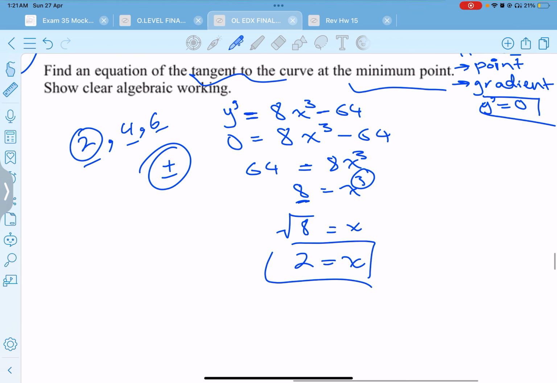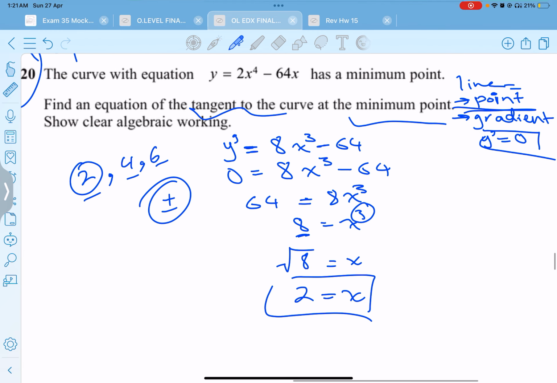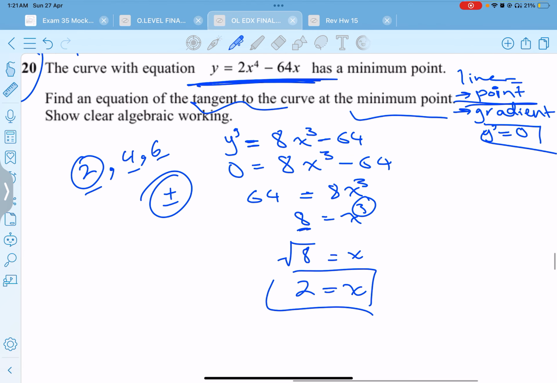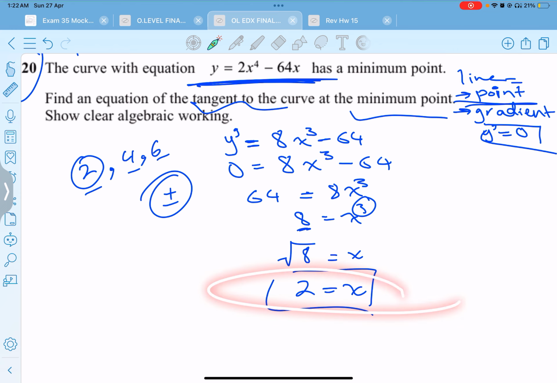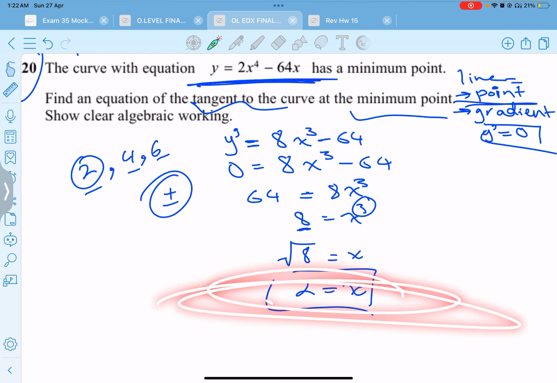I need to find the coordinate, the rest of the point. So I'm going to substitute the value of x in the original equation, not the gradient, because even if I tried substituting x into the gradient, I'm going to get 0. So I'm just repeating the whole steps and wasting my time, and you won't get the true value of y. So you substitute x in the original to find the coordinates.